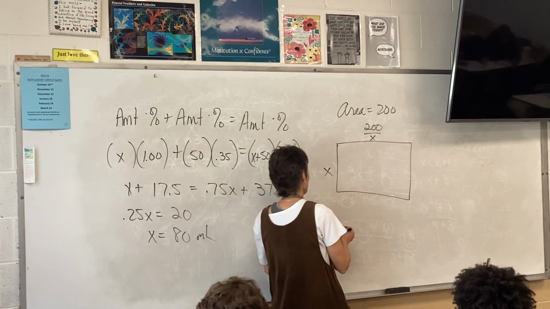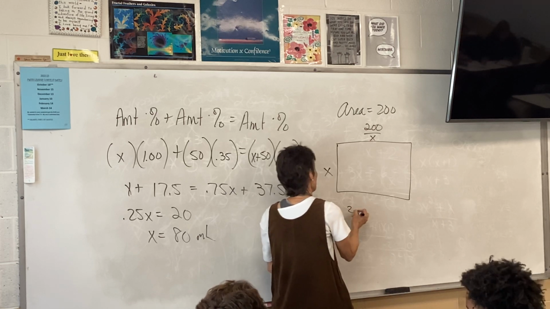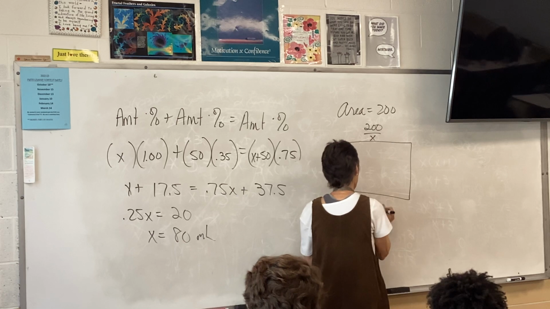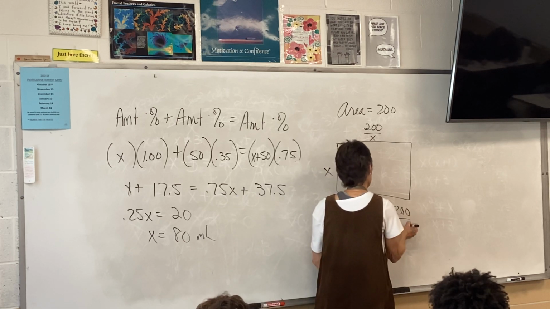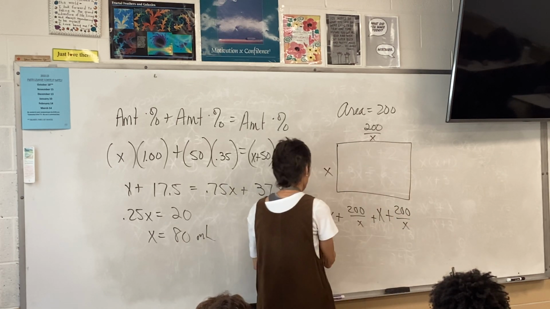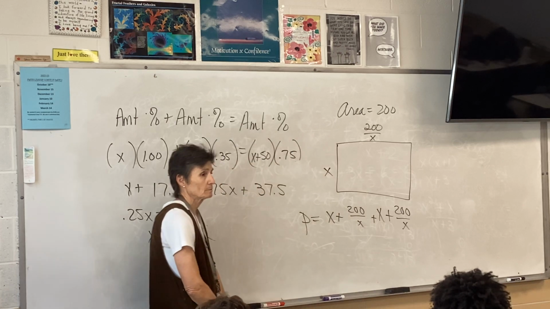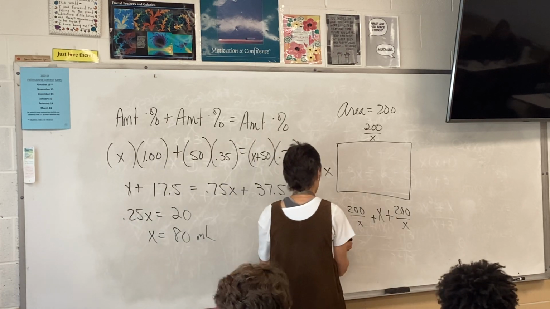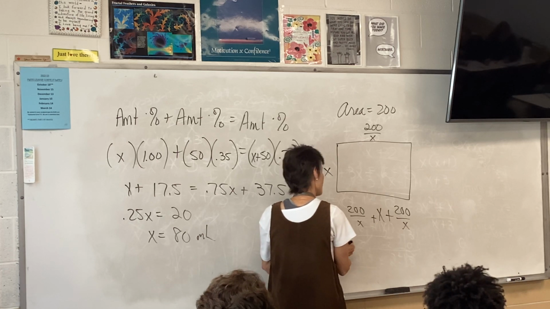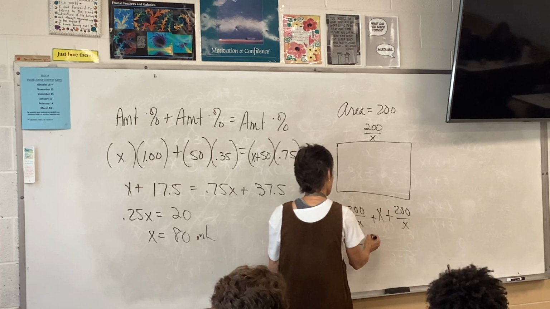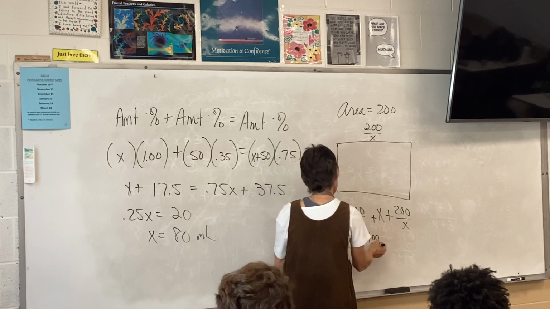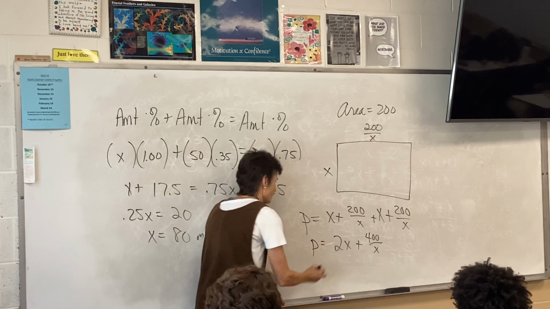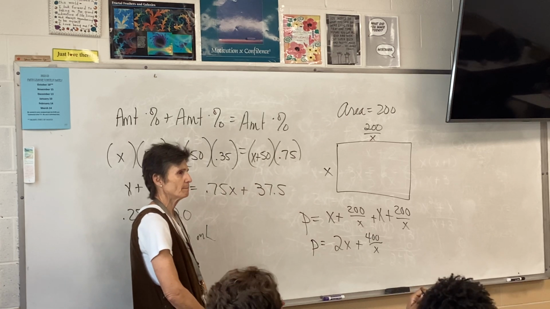So the perimeter would be X plus 200 over X plus X plus 200 over X. That'll be my perimeter, which is 2X plus 400 over X. Would you agree with that? Is that right? Yeah.